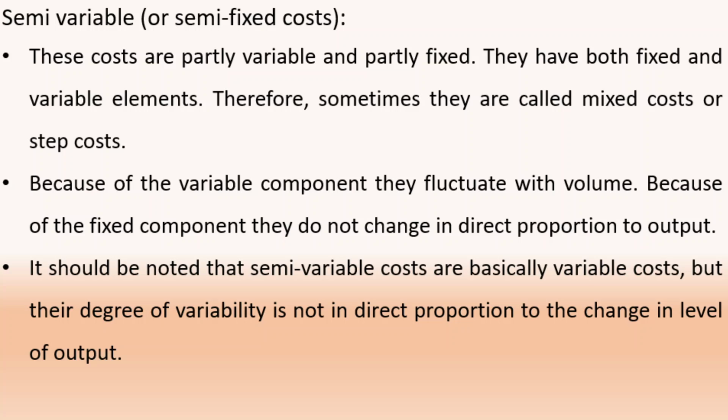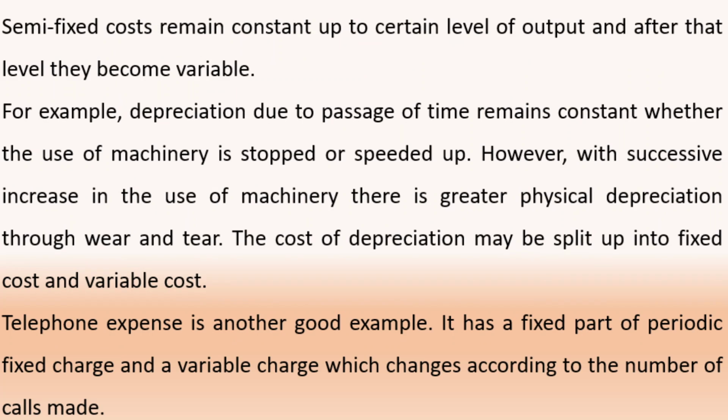It should be noted that semi-variable costs are basically variable costs, but their degree of variability is not in direct proportion to the change in level of output. Semi-fixed costs remain constant up to a certain level of output, and after that level they become variable.